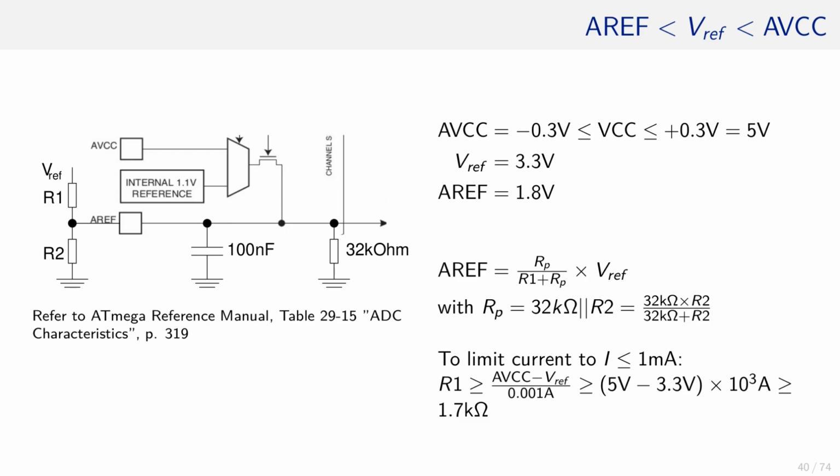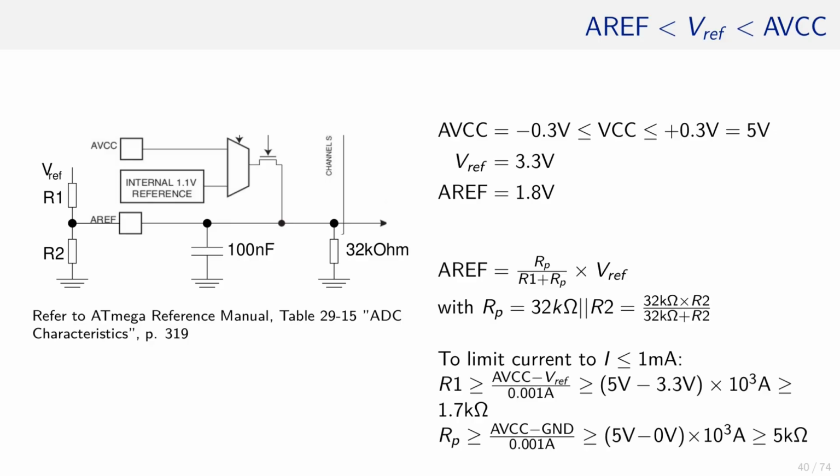Well, R1 is easy to compute. We take the difference in voltages, which is 5 volt minus 3.3 volt, and divide it through the maximum current of 1 milliamp, resulting in a resistor value of at least 1.7 kilo ohms. But what about R2?